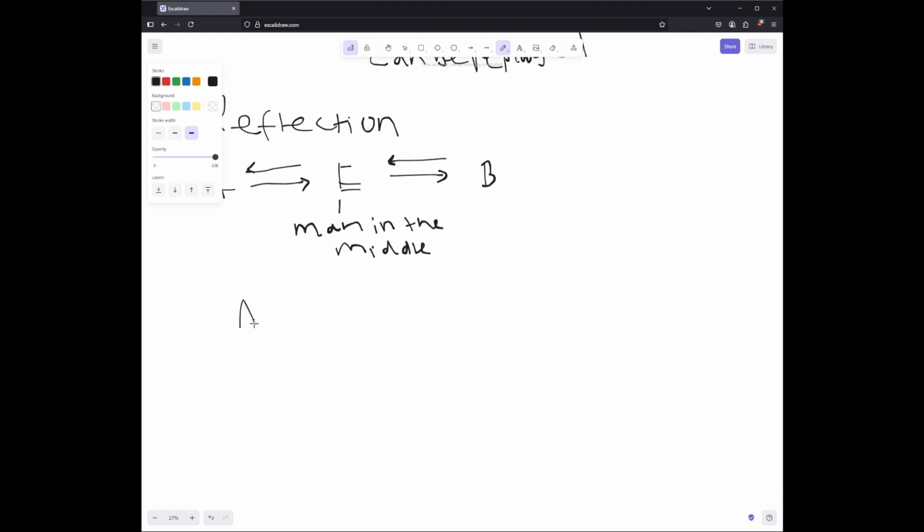So let's do this. A will send something to B, and that would be the identity first of all.